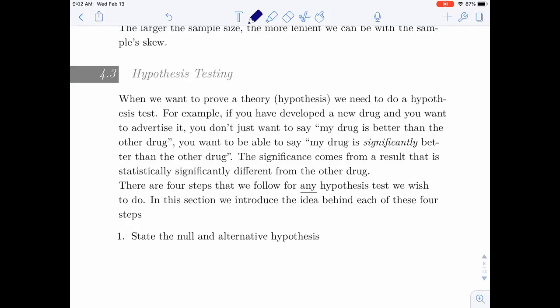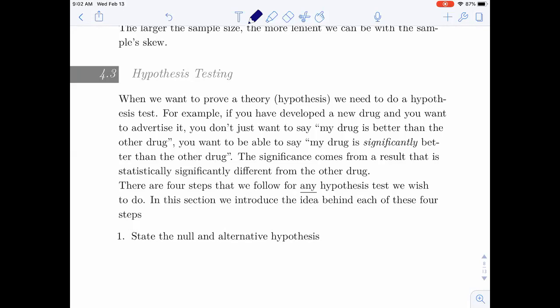So it kicks in faster than any other painkiller on the market. So what you're going to do is take a sample of how long it takes for your drug to kick in, and then compare it to how long it takes other drugs to kick in.